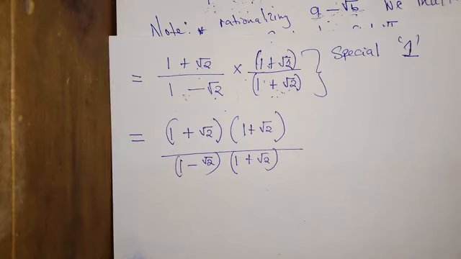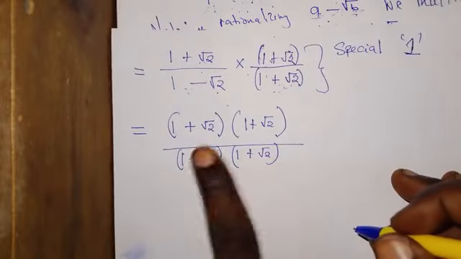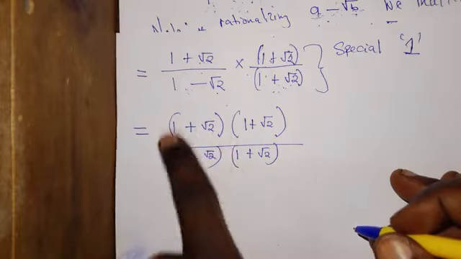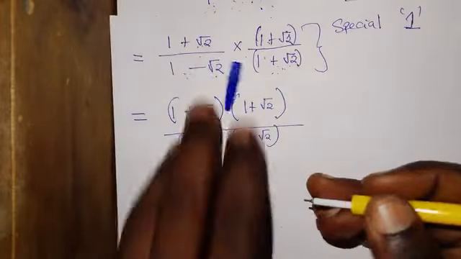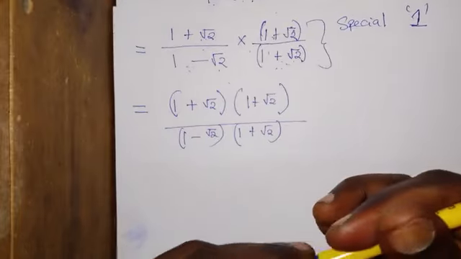Okay, so now we know what brackets are, so we have to expand through. We don't want the radicals in the denominator, so the only way they will be deleted is if this is expanded. So we're going to expand.